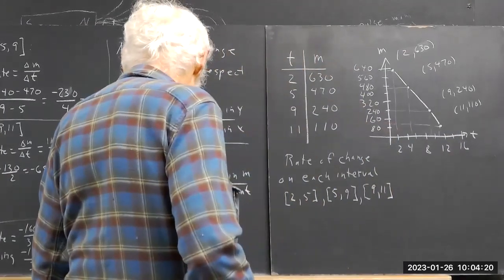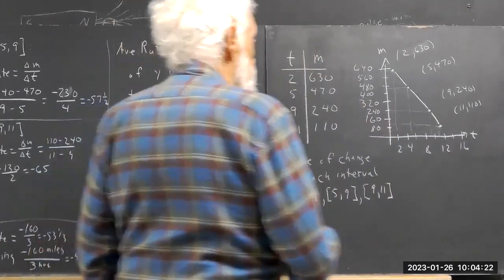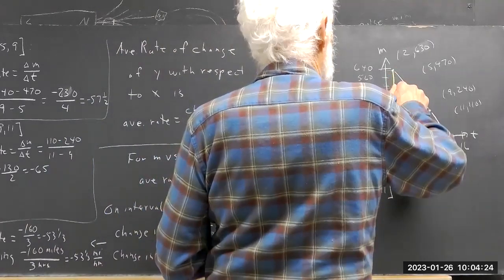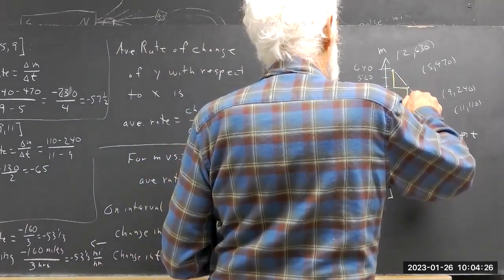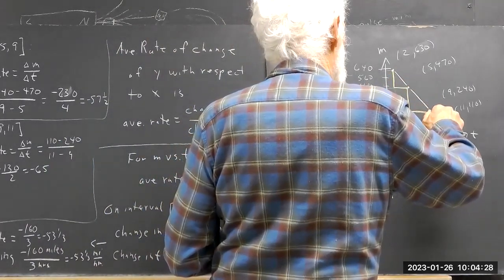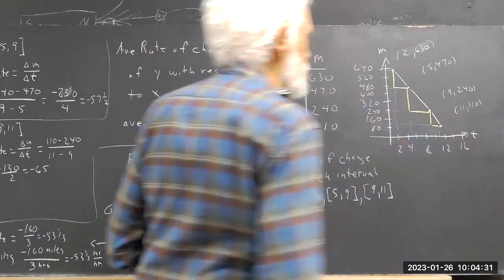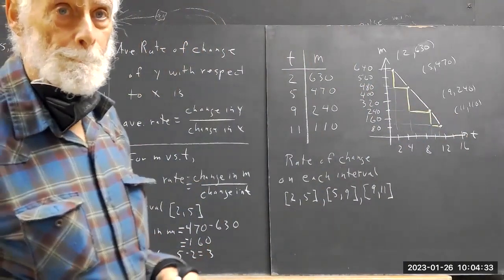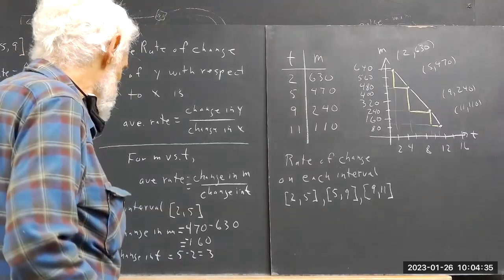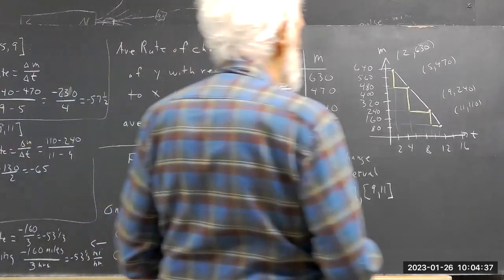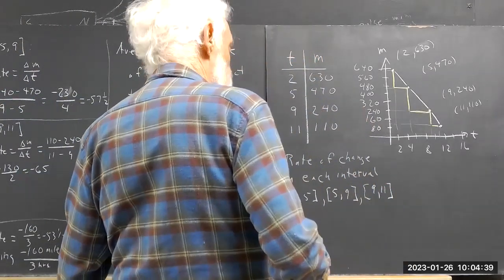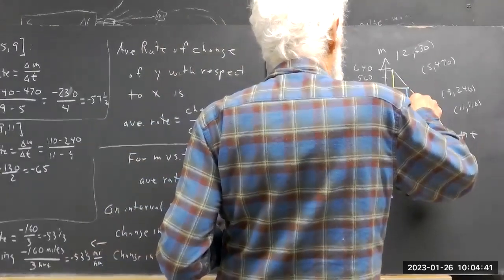You can then get triangles. Okay. And let me color these triangles in different colors.